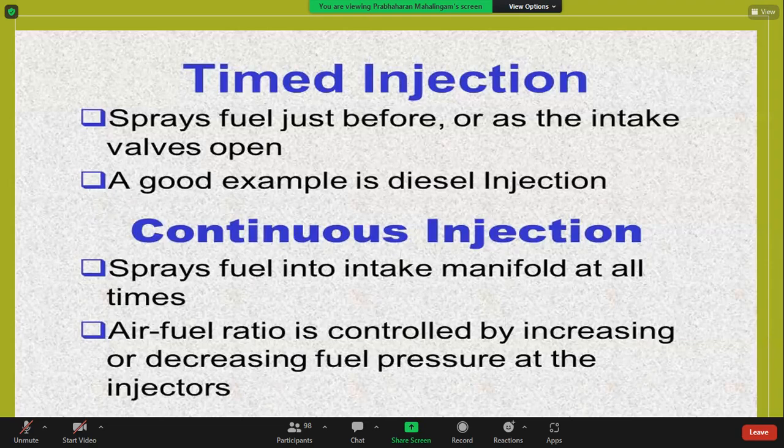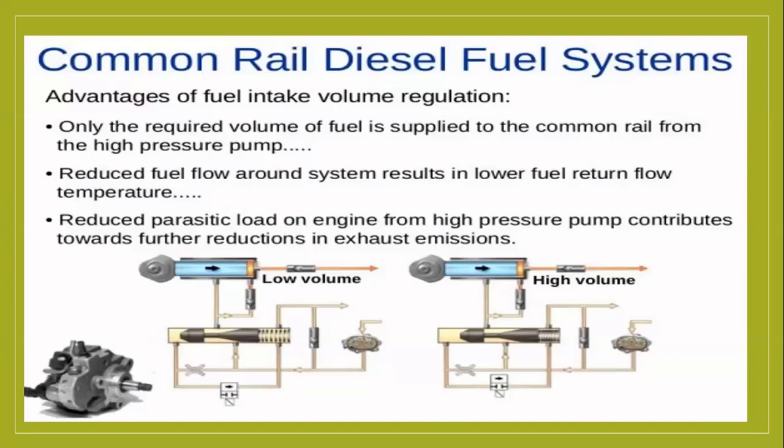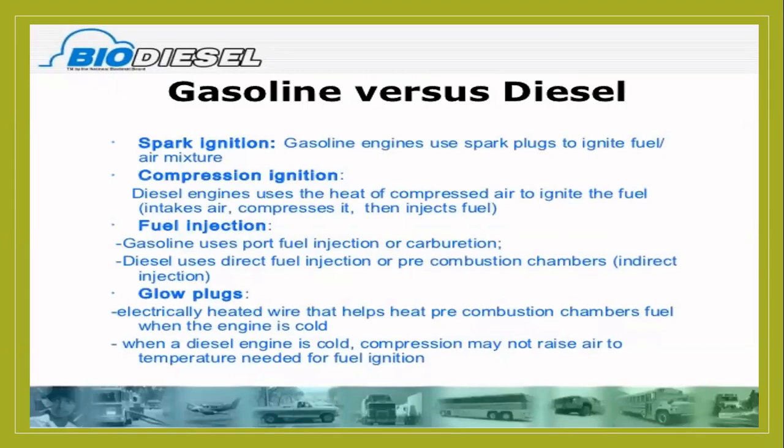Air-fuel ratio is controlled by increasing or decreasing fuel pressure at the injection. These are the terms they are using. This is the common rail diesel fuel system. High volume, low volume. Right. This is the main important part of your work.